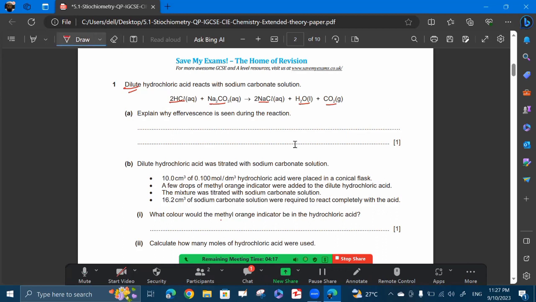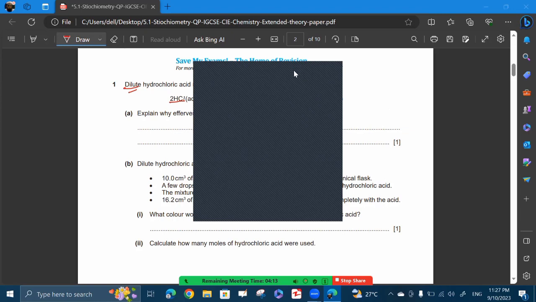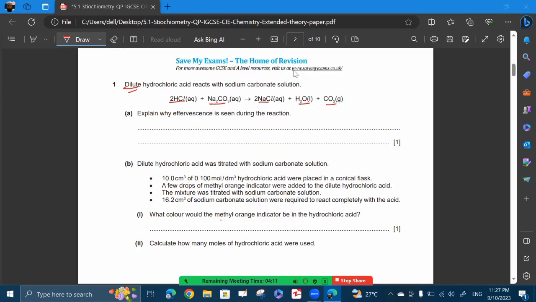What is the difference between aqueous and dilute? Actually, aqueous means something dissolved in water. Aqueous can be dilute and can be concentrated. When there is a huge amount of water, we call it dilute. And when there is less amount of water, we call it concentrated.